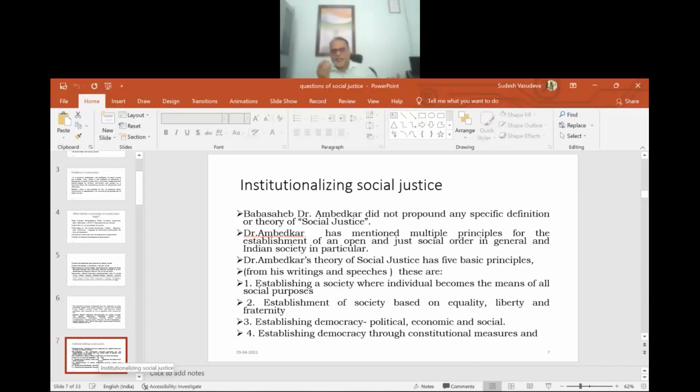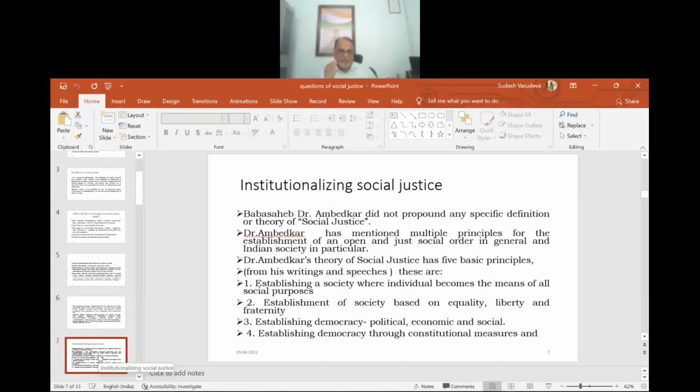So Dr. Ambedkar's theory of social justice, which has 5 principles that we may cull out from his writings, are like these. Now, each one of these has an impact on social justice, the way it is practiced today under the Constitution, under various legislation. Establishing a society where the individual becomes the means of all social purposes.